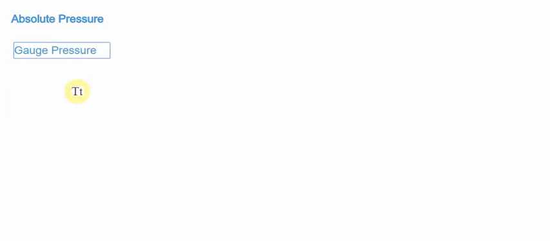Now let's look at pressure much more. Let's look at it in terms of two types. We're going to use absolute pressure and we're going to use gauge pressure. Now let's look at gauge pressure first.